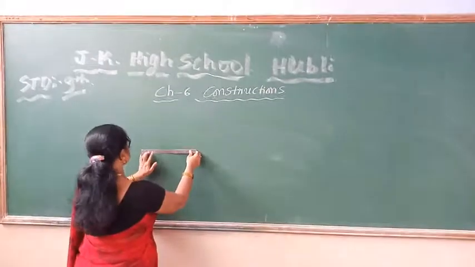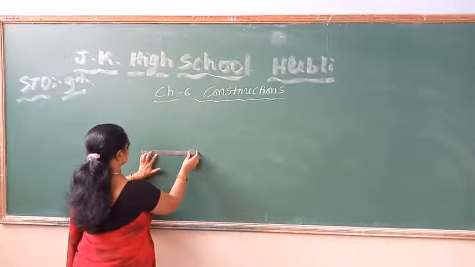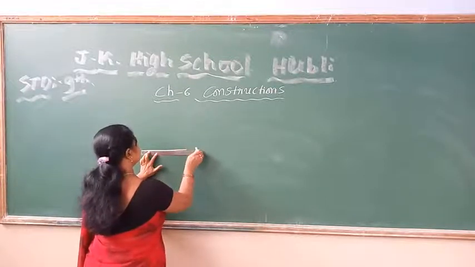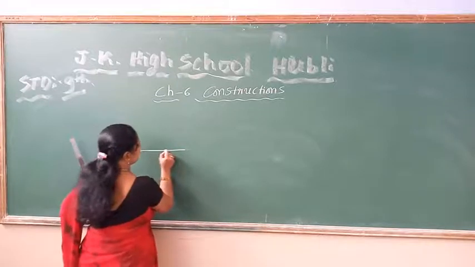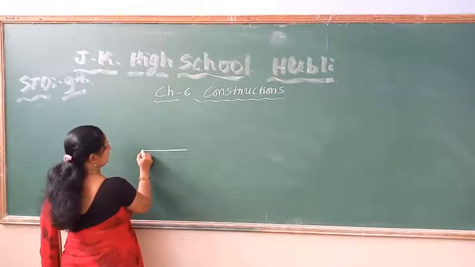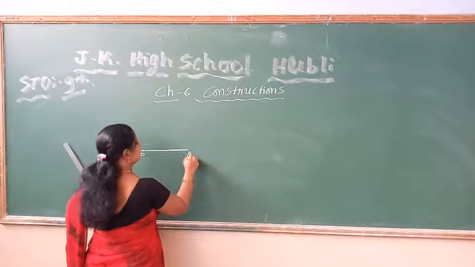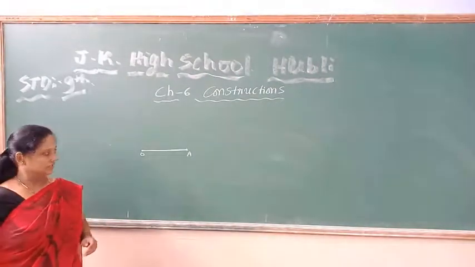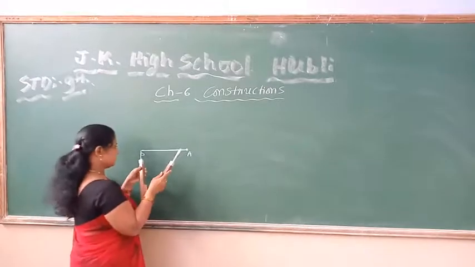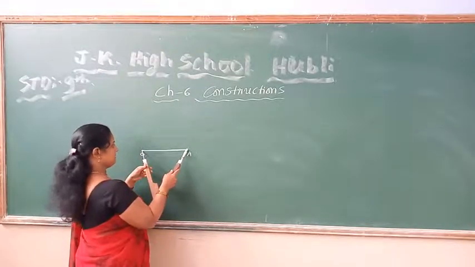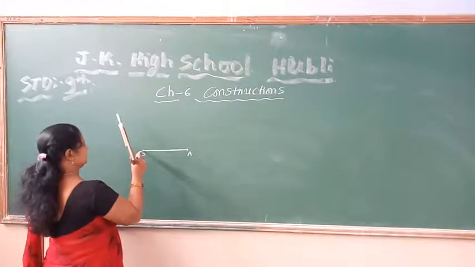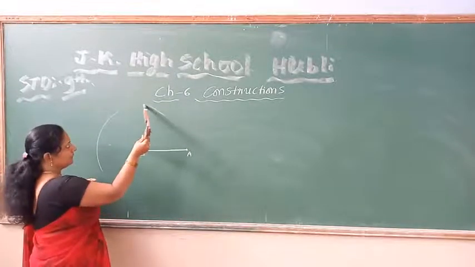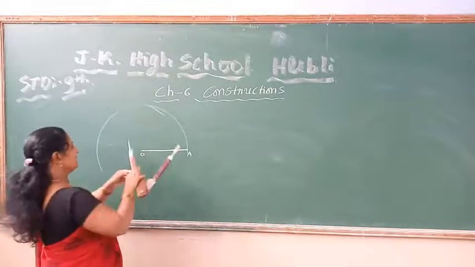Imagine this is a given ray, with some radius to A. Now, if I take the same radius by using a compass, and I construct a circle.